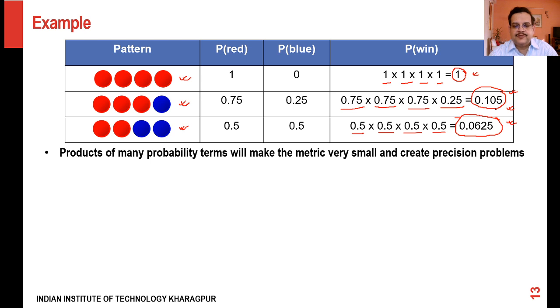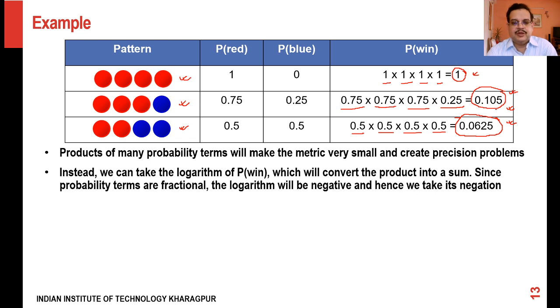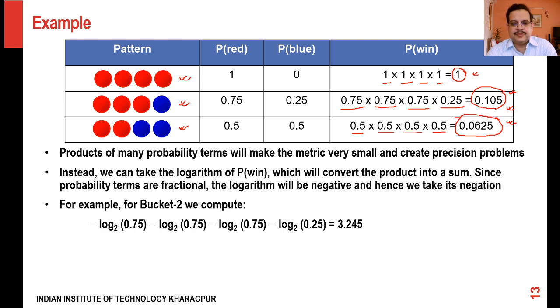Now when we go for defining the metric, we observe that if I take the product of many probability terms, then the metric becomes very small and we will have precision problems. So instead of taking the probability of winning as you see here, we will convert the probability into a sum. So we take the log of it.